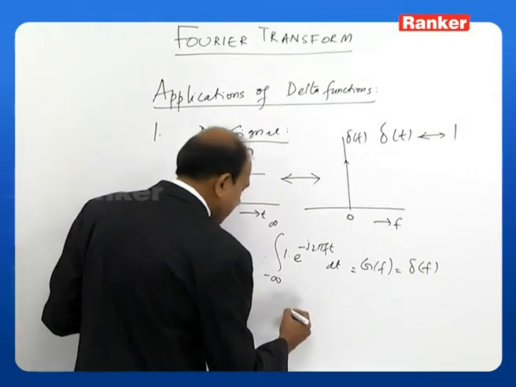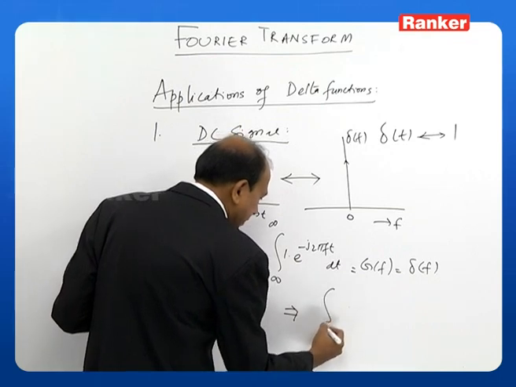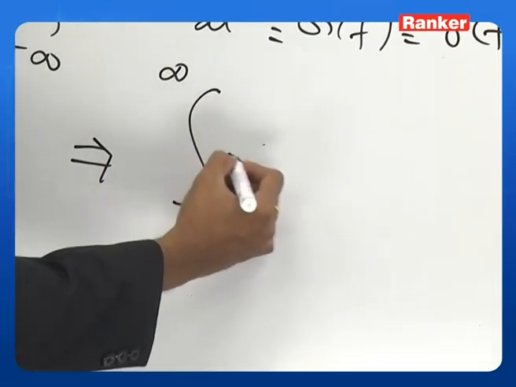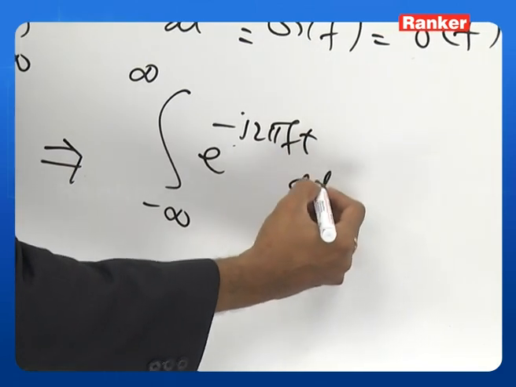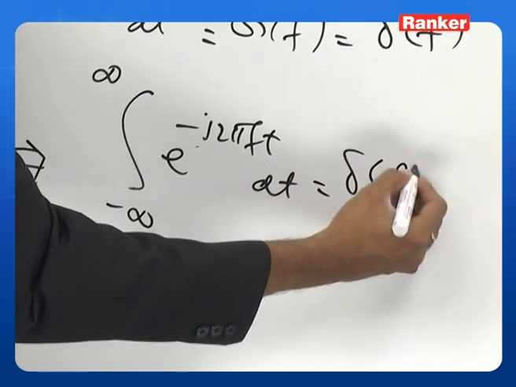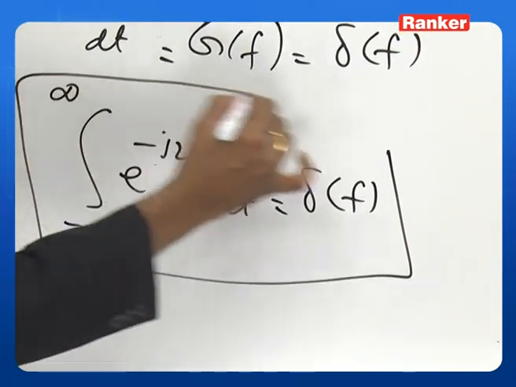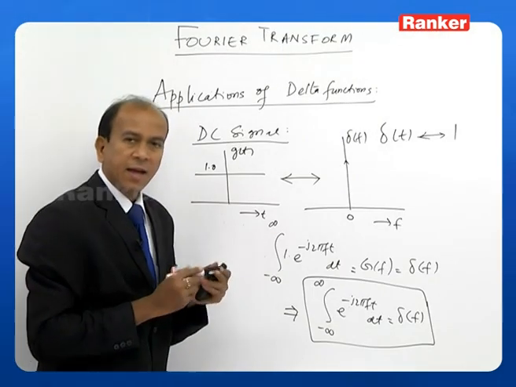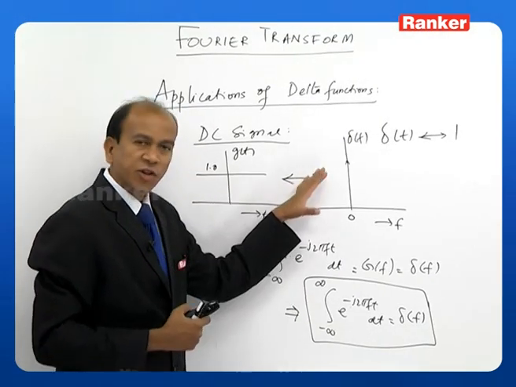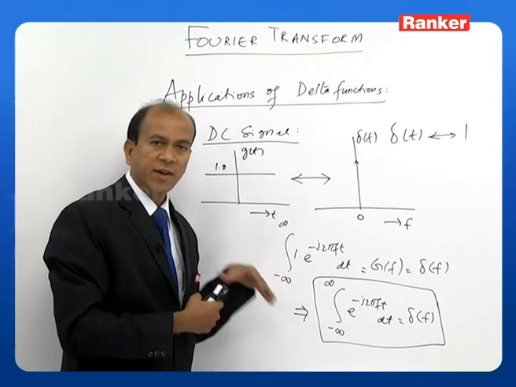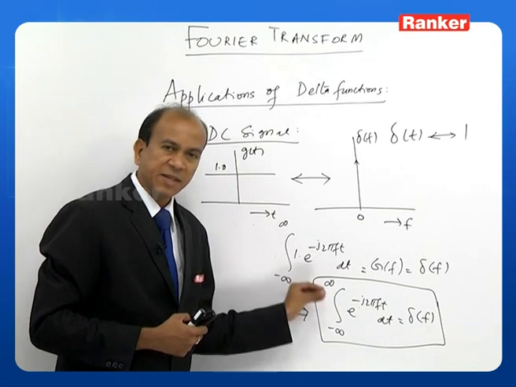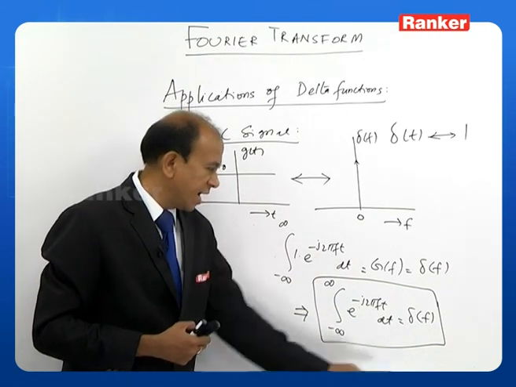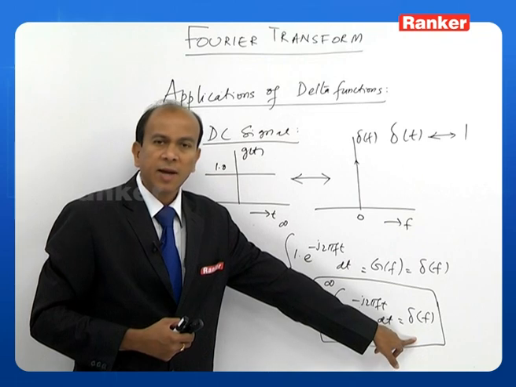That means the integral from minus infinity to plus infinity of e to the power of minus j2 pi f t dt will be equal to delta f. This is a very important deduction we have made. So, whenever the integral of e to the power of minus j2 pi f t dt is taken from minus infinity to plus infinity, it will give me a function which is equal to delta of f.